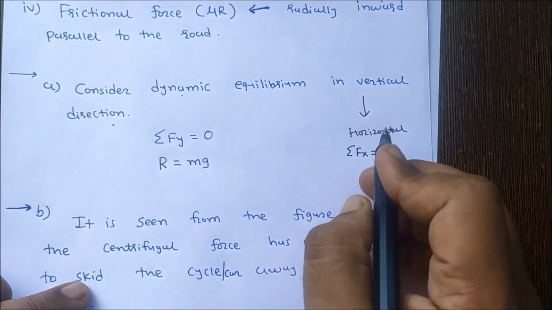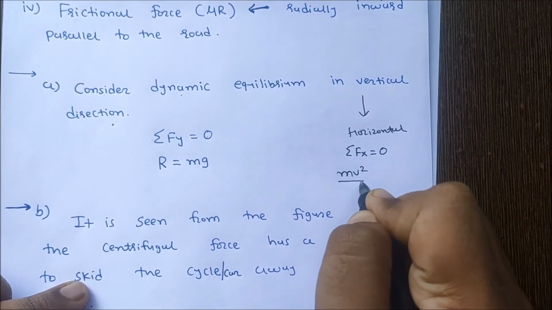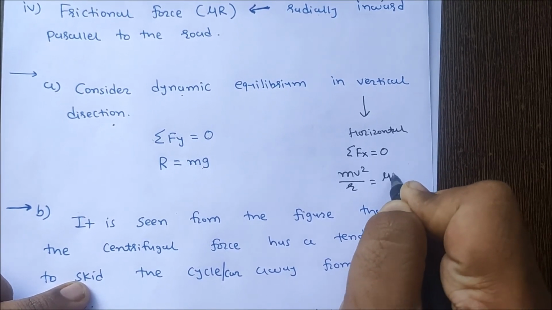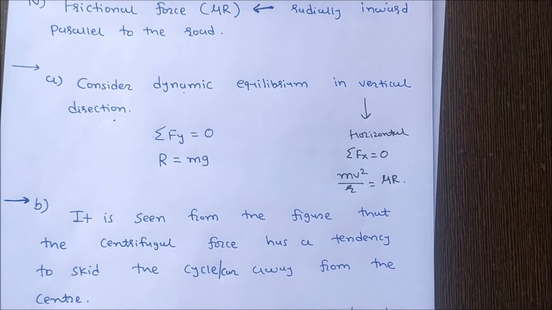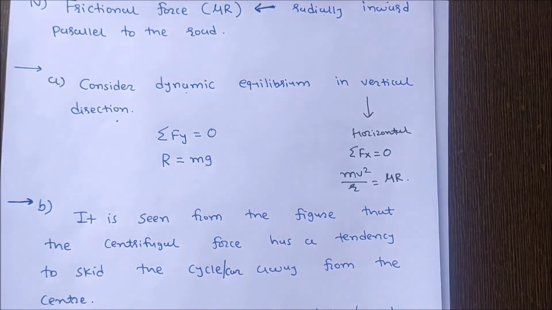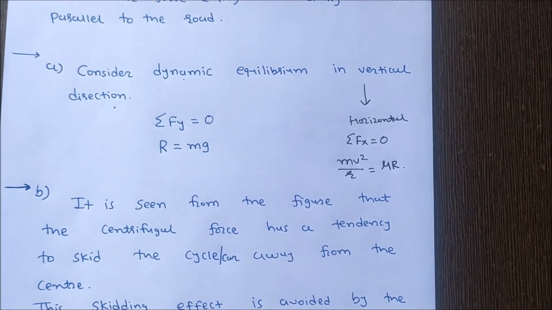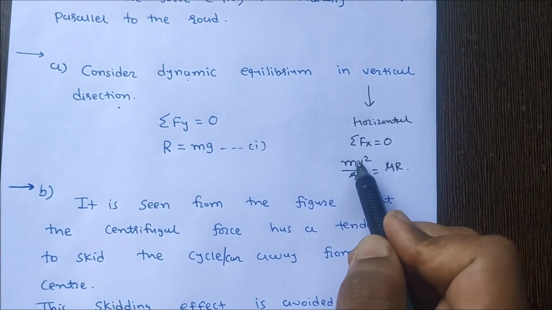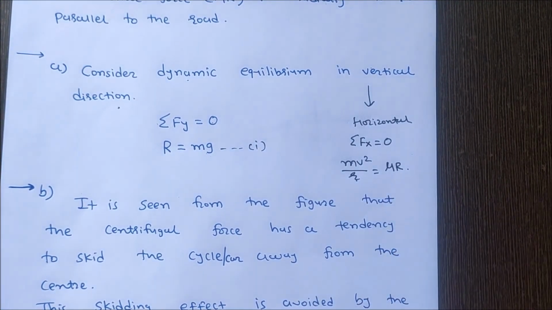So we write two conditions for dynamic equilibrium: R is equal to mg, that is equation number 1, and the second one, mv squared by r is equal to mu R.